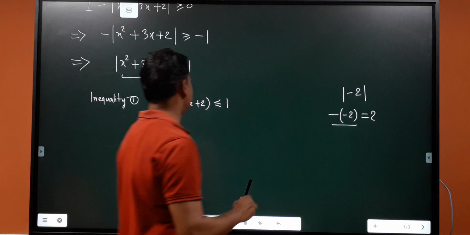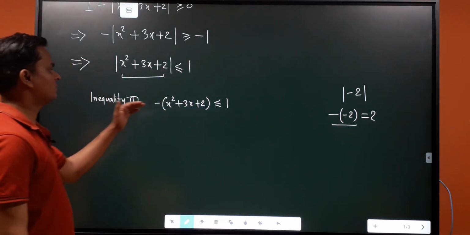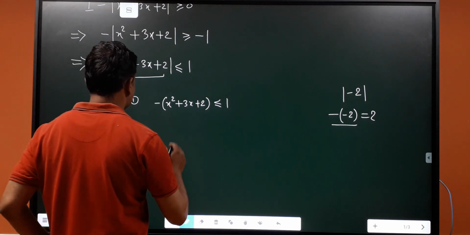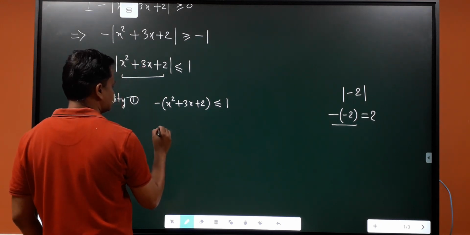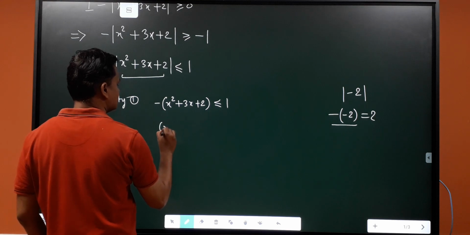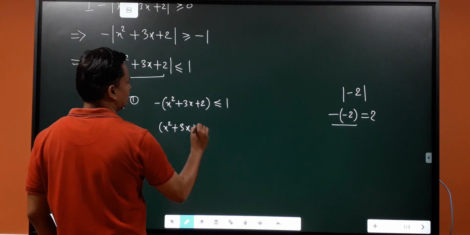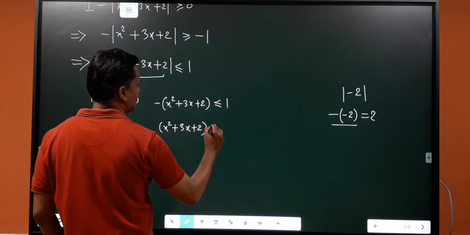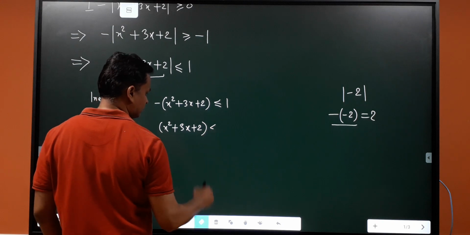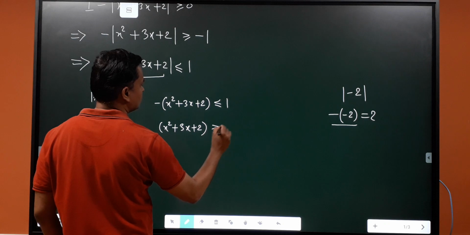So a minus sign gets appended outside of the function, and this was when this particular term was negative. If I simplify this, it will give us x square plus 3x plus 2 greater than or equal to minus 1.